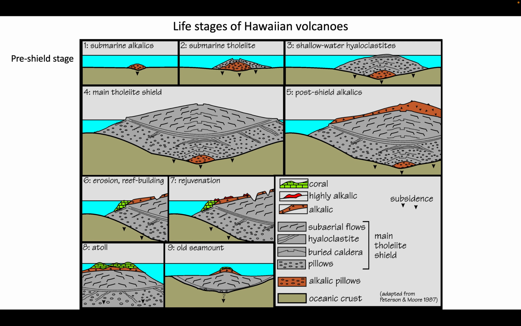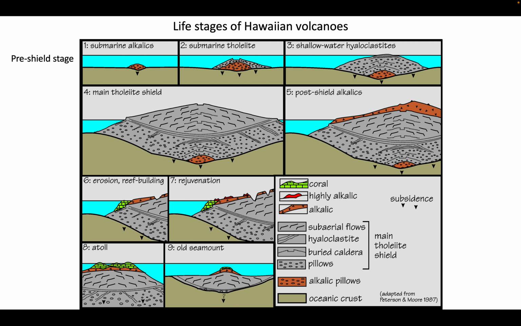Kilauea is a young stage 4, and Mauna Loa is a mature stage 4. So they're in the main shield building stage. Hualalai and Mauna Kea are both in stage 5, so post-shield stage. And Kohala is in stage 6, beginning to experience erosion.